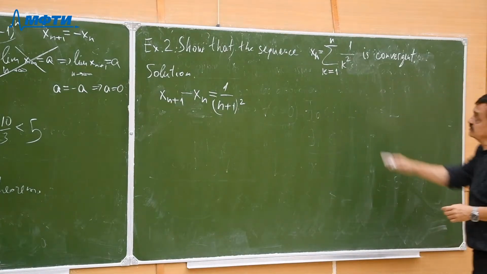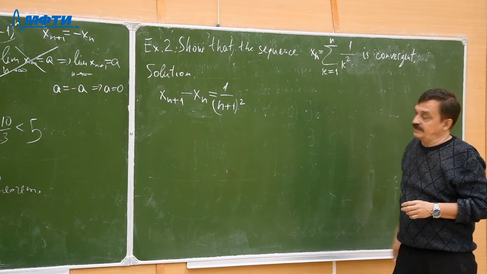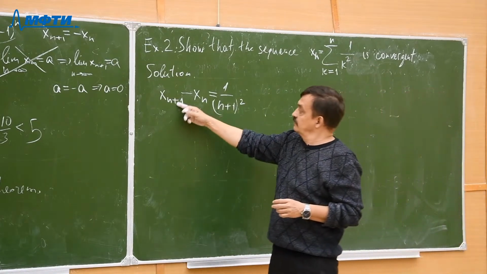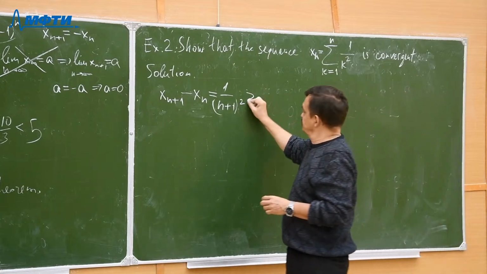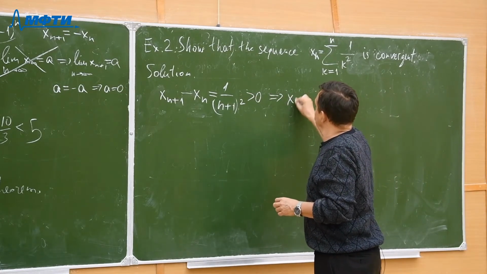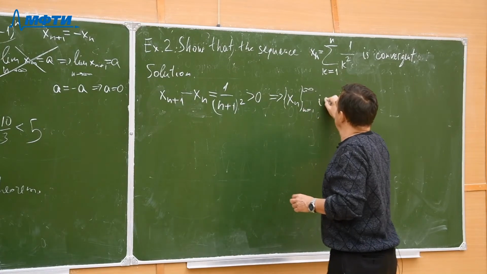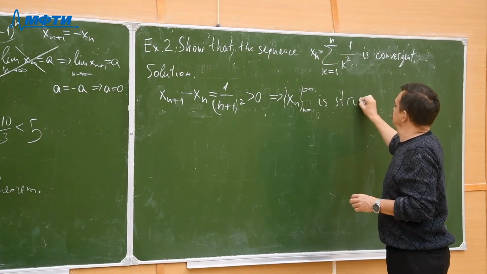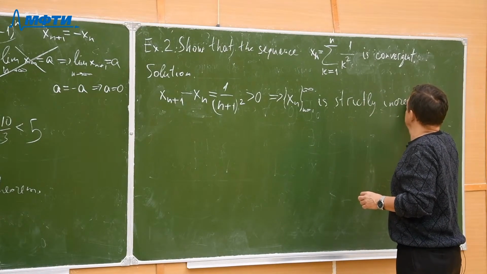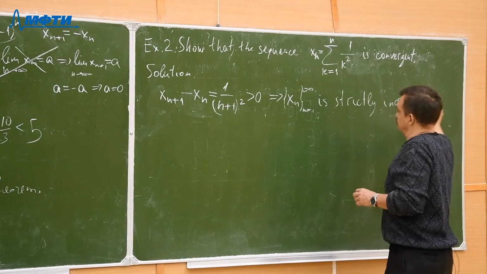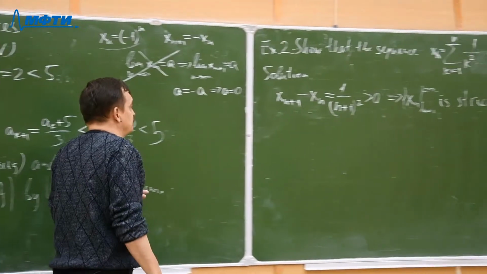So x_n is the sum of the first terms 1 over k squared, and then we add one more term, this one, and that is positive. So x_n is strictly increasing.